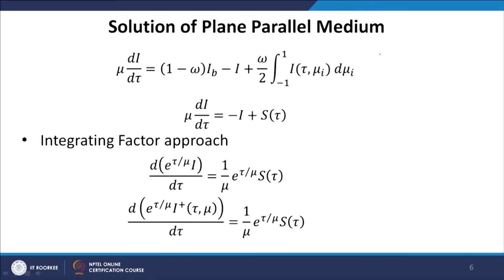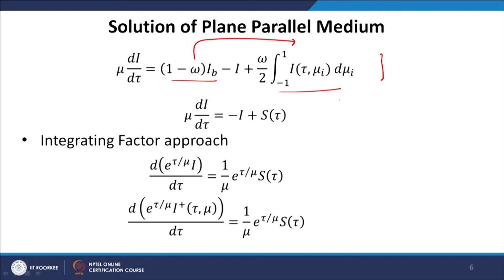Now, we will solve. So, this is our equation. Let us call the first and third term combined as source term. To simplify our notations, we just write I 1 minus omega I b, which is augmentation by emission, and the last term which is augmentation by scattering.